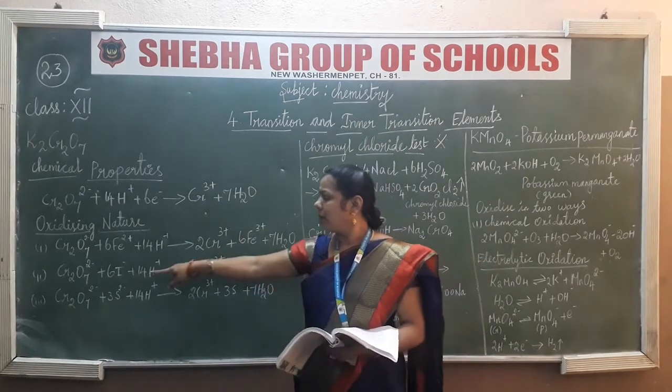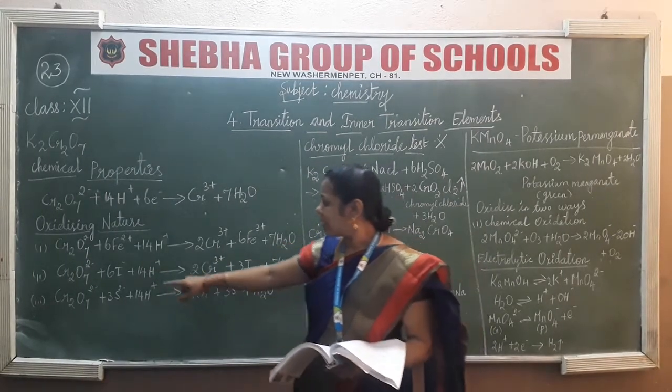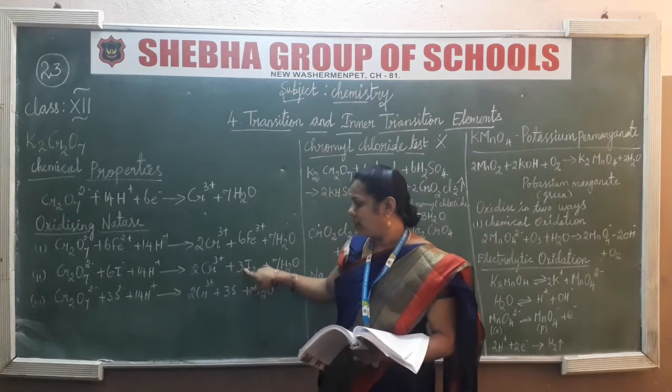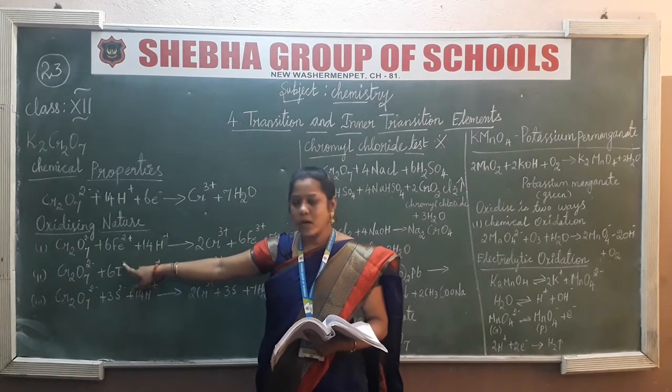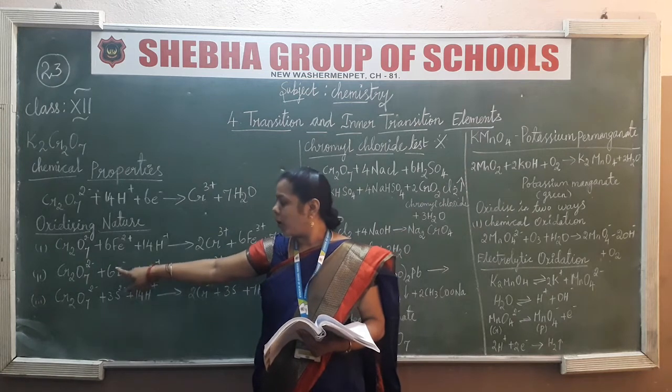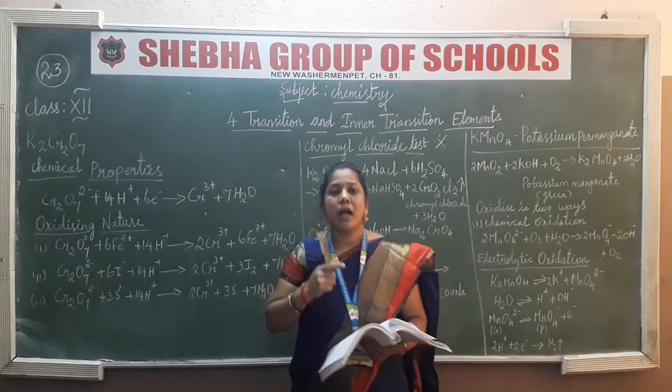Then you have to notice that iodide ions are converted into iodine. This is the symbol for the ions, so it is obviously iodide.